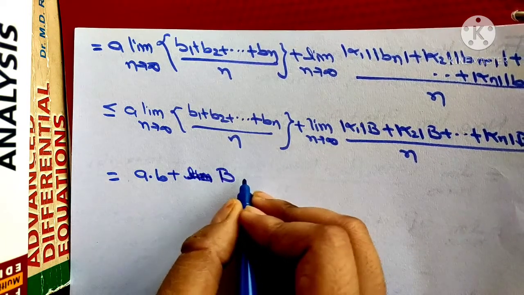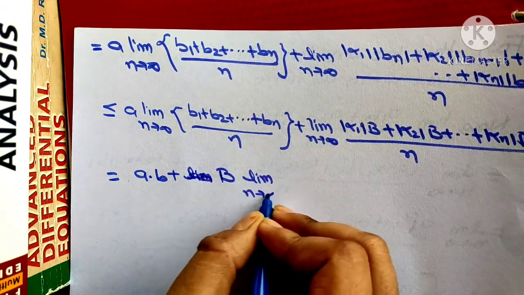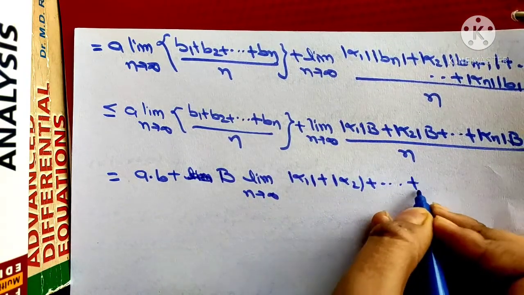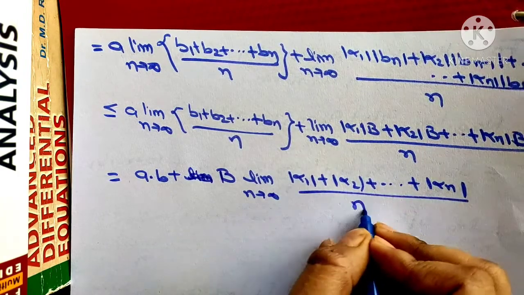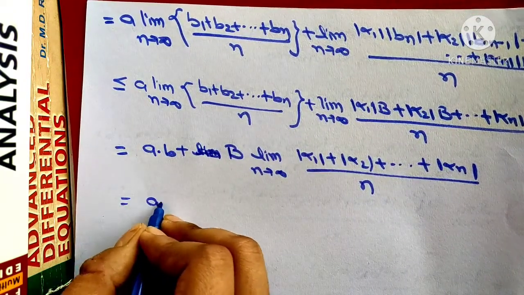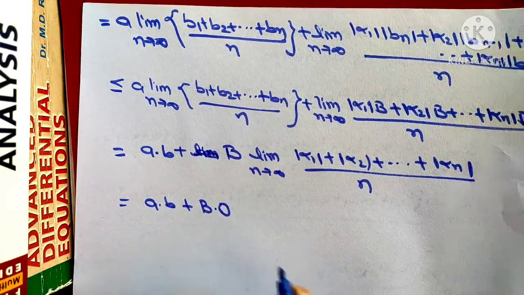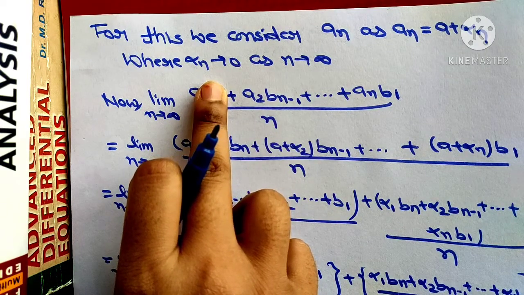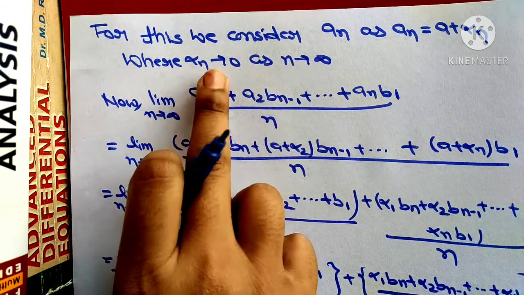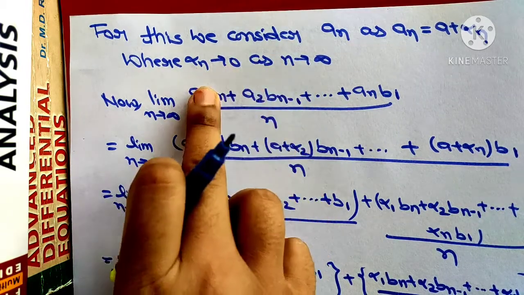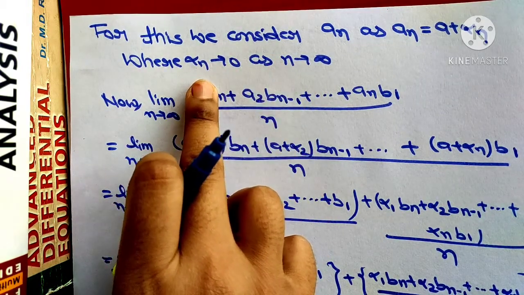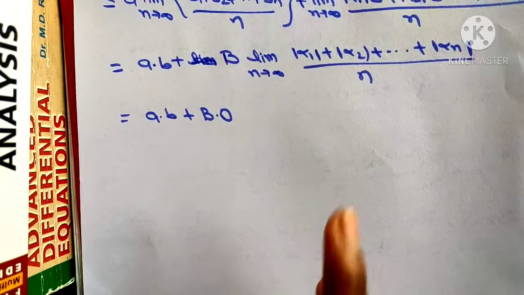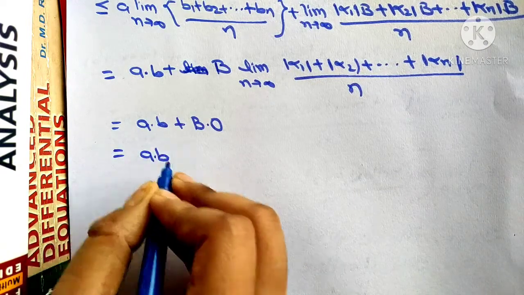Now taking B outside, we have a dot b plus B dot 0. Here we assume that alpha n tends to 0 as n tends to infinity. So again, by Cauchy's first theorem on limits, if alpha n tends to 0, then limit n tends to infinity (alpha 1 + alpha 2 + ... + alpha n) upon n tends to 0 also. This means a dot b.